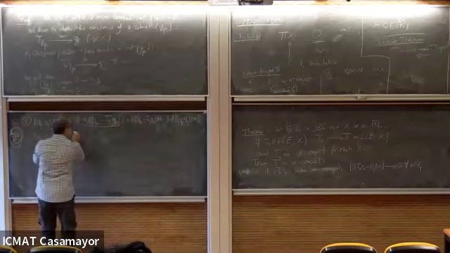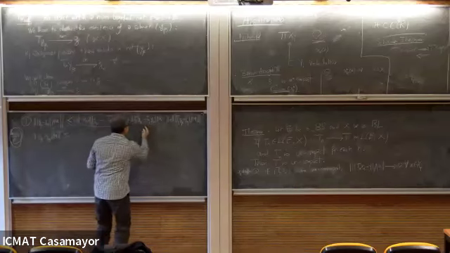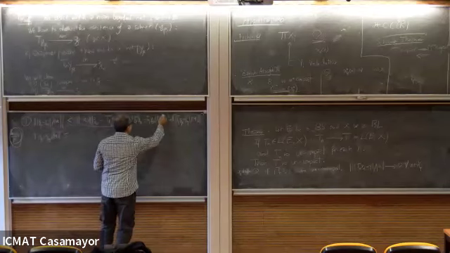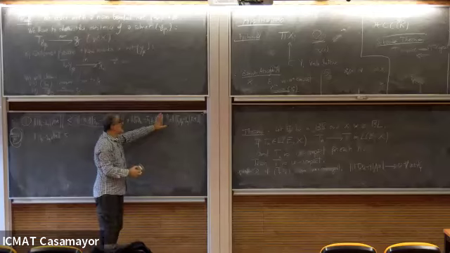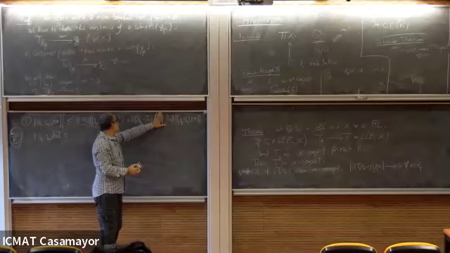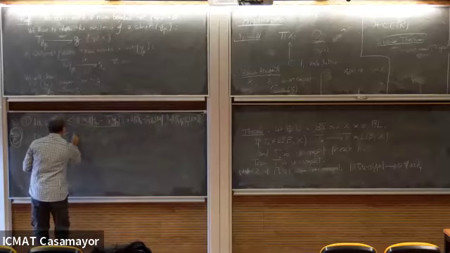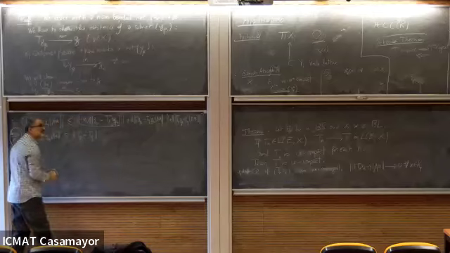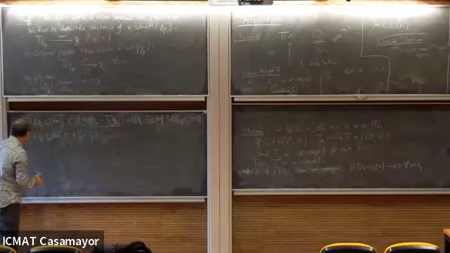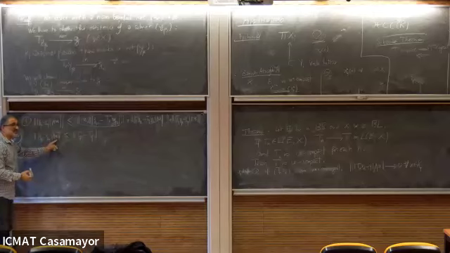So this is less or equal than this quantity, and we can ignore the u, and this is less or equal than Tp minus Tq. But this happens for every u.